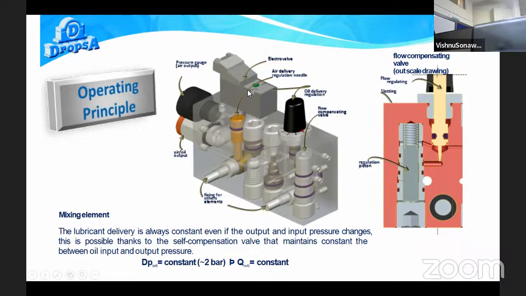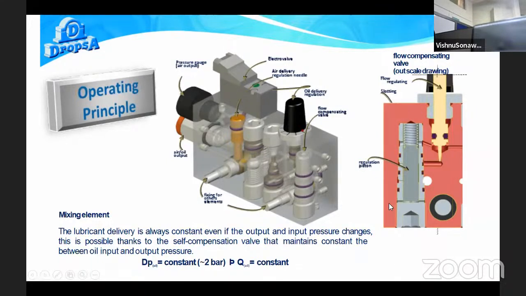This unit is operated by the electro-hydraulic valve, and this is the oil delivery regulator. This is the flow compensating valve, this is the air and oil outlet, and this is the fixing for the other elements.